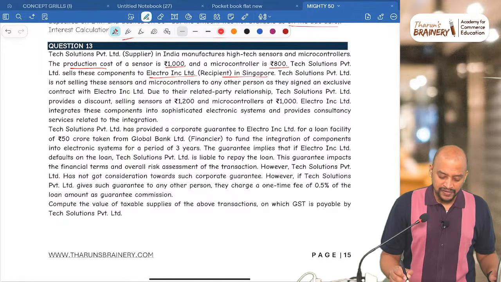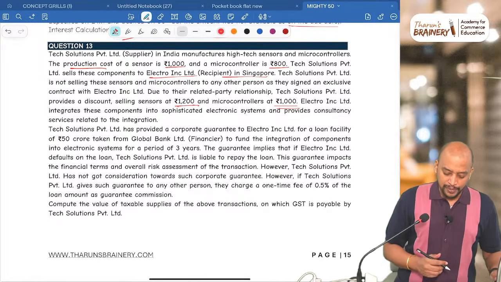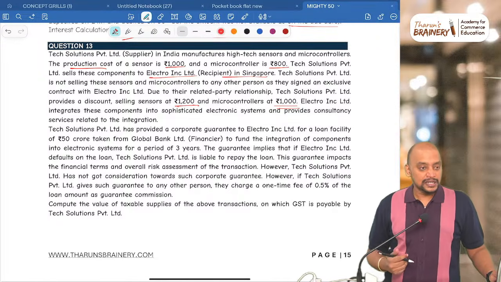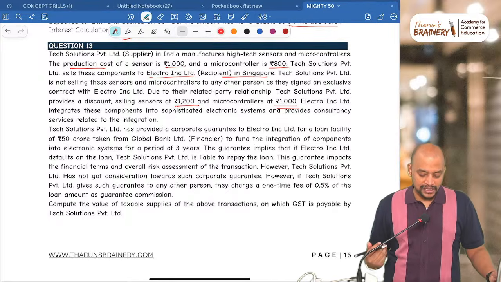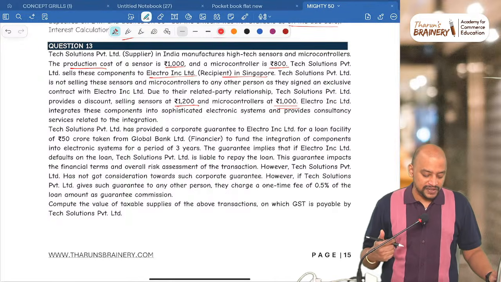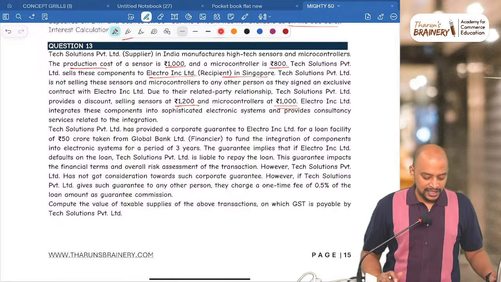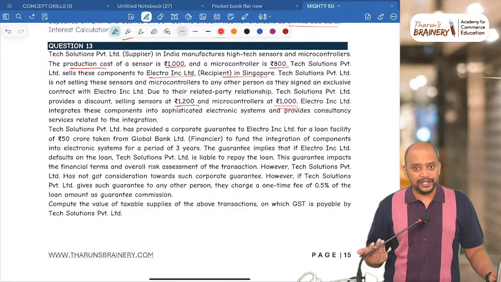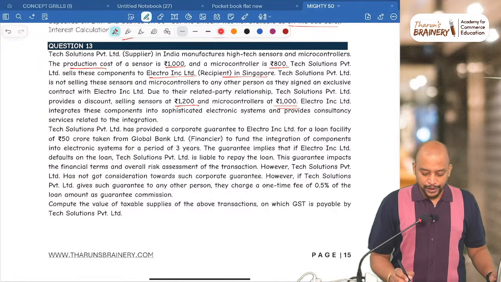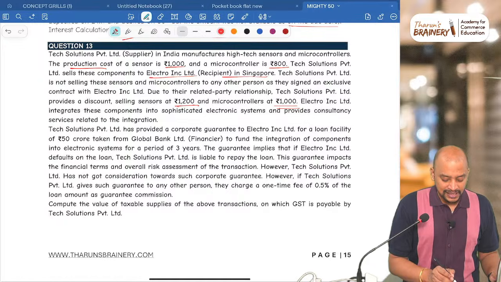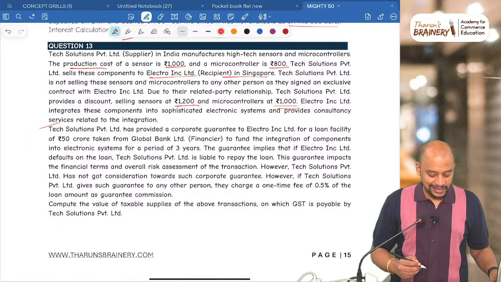Tech Solutions Private Limited provides a discount, selling sensors at 1200 and microcontrollers at 1000. Electro Incorporation integrates these components into sophisticated electronic systems and provides consultancy services related to the integration. Now, Tech Solutions Private Limited has also provided a corporate guarantee to Electro Incorporation for a loan facility. This is another transaction, the corporate guarantee transaction.